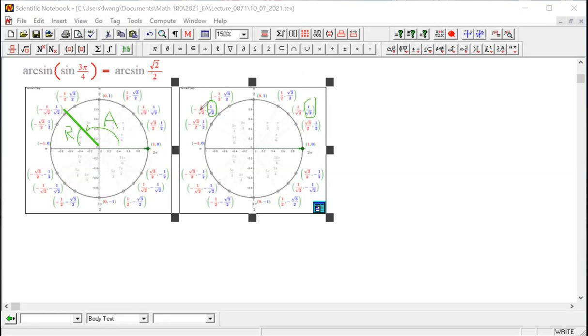But in ArcSine, we cannot use the second or third quadrant. This is the no-fly zone. So you are only left with this guy, and that angle, which is in the range of ArcSine, is π/4. Do you guys understand?